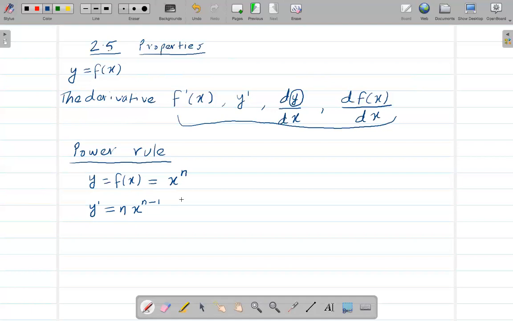So now using this power rule, I can do a lot of things here. Now using this power rule, let's do some examples.